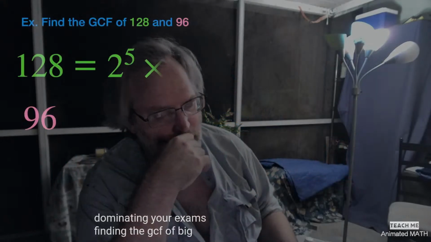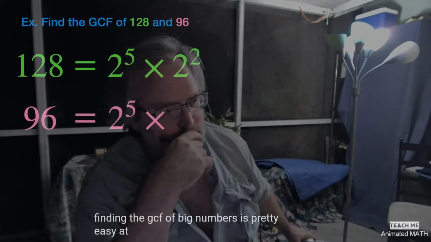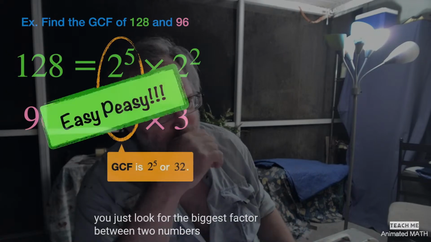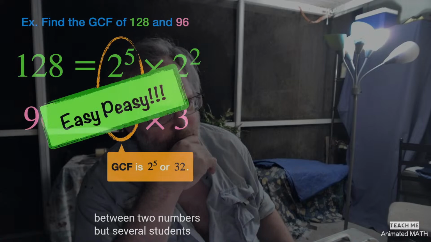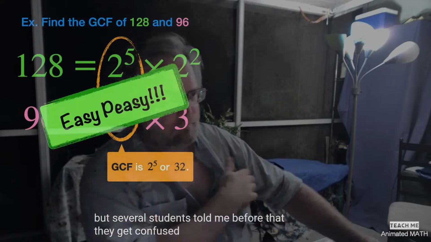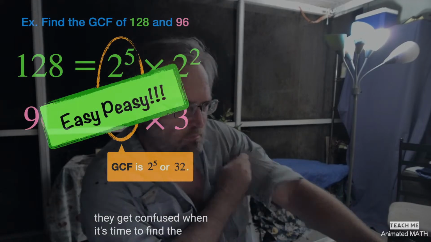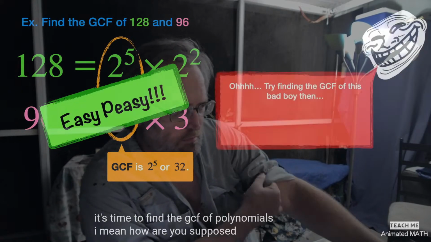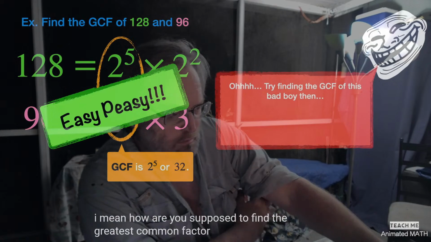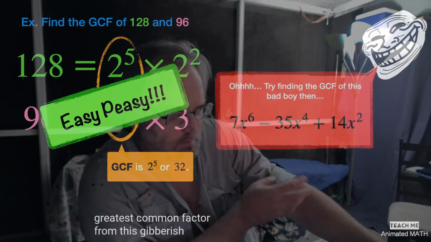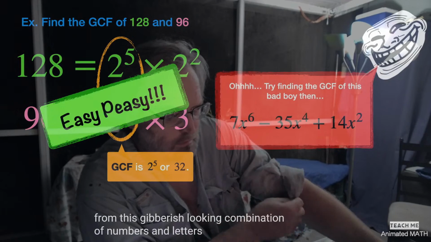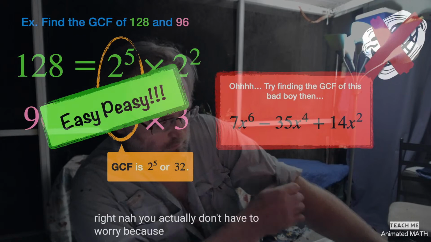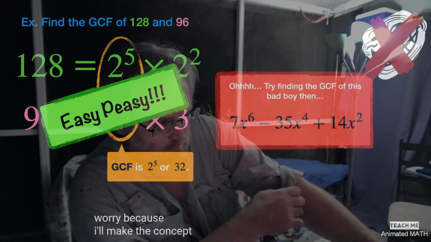Finding the GCF of big numbers is pretty easy at this point. You You just look for the biggest factor between two numbers. But But several students told me before that they get confused when it's time to find it's time to find the GCF of polynomials. I mean, how are you how are you supposed supposed to to find find the greatest common factor from this gibberish-looking combination of numbers and letters? of numbers and Right. letters? Right now you actually don't have to You actually don't have to worry, worry because I'll make the concept simpler.